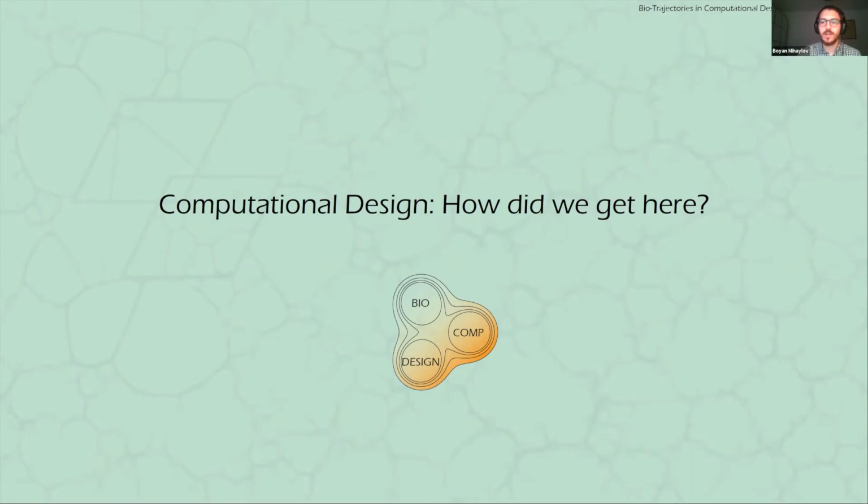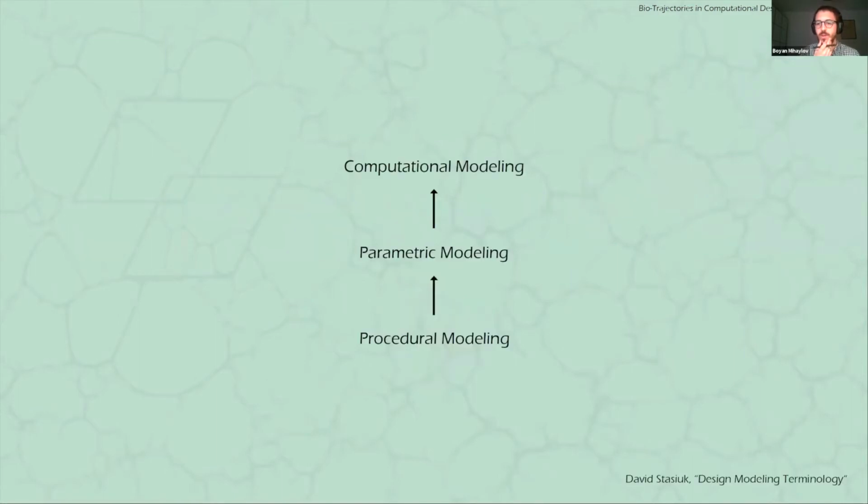For this, I want to first refer to a paper written by David Stasiuk called Design Modeling Terminology, which very clearly differentiates some terms connected to digital design modeling, which are oftentimes mistakenly used in an interchangeable way in the public discourse, but actually represent slightly different notions, which are linked to each other in a hierarchical sense, but are also positioned on different levels of complexity.